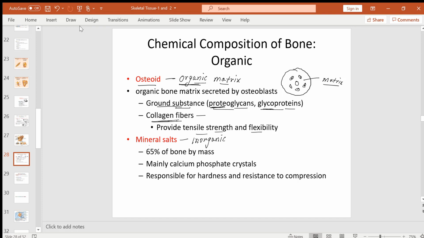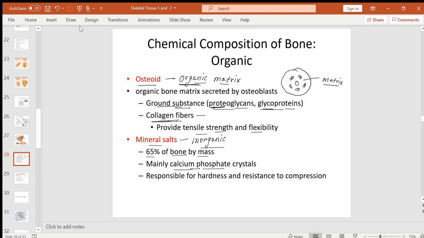Mineral salts are inorganic chemicals in the bone, and they form about 65% of the bony mass of the bone. And the inorganic compound is mainly calcium phosphate. You must remember, before I mentioned that bone stores a huge amount of calcium and phosphate.